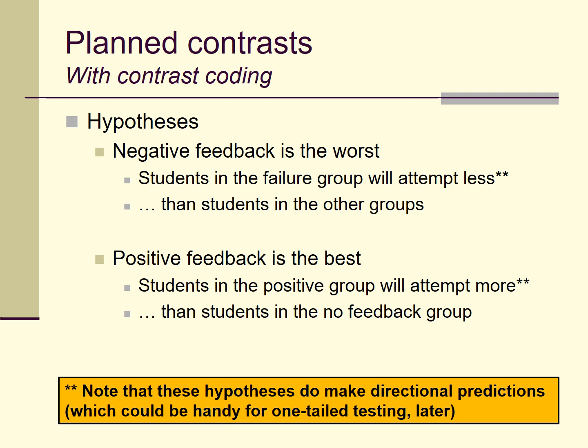Assuming I have a fairly strong reason to make those directional predictions, maybe based on a strong theory about the effect of feedback on persistence, or a strong body of literature to refer to, past studies, etc., I might be very comfortable making directional predictions, and I might want to because it'll tend to give me more statistical power to detect effects, i.e. it'll allow me to do one-tailed hypothesis testing, which could be handy later. So anyway, those are my hypotheses.